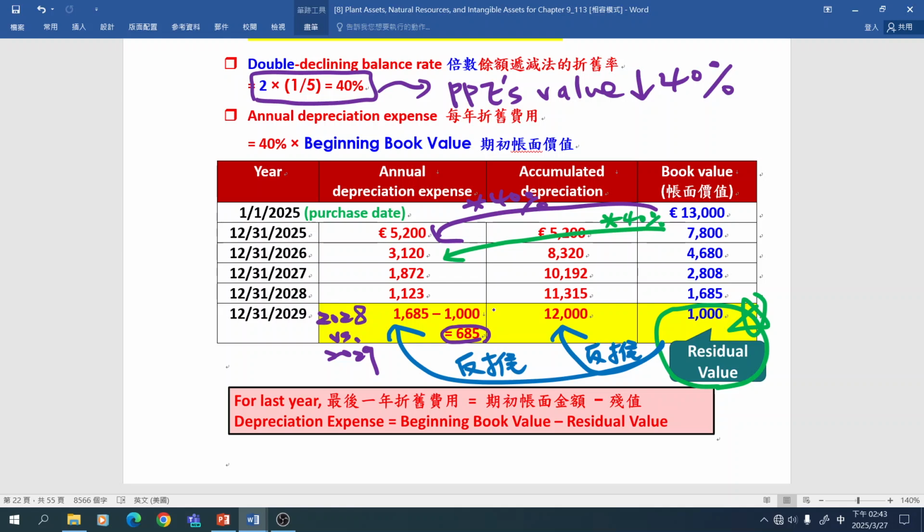Okay, any questions? For the third method, declining balance method. After you got the numbers for this table, you just use it to do a counting job, right?